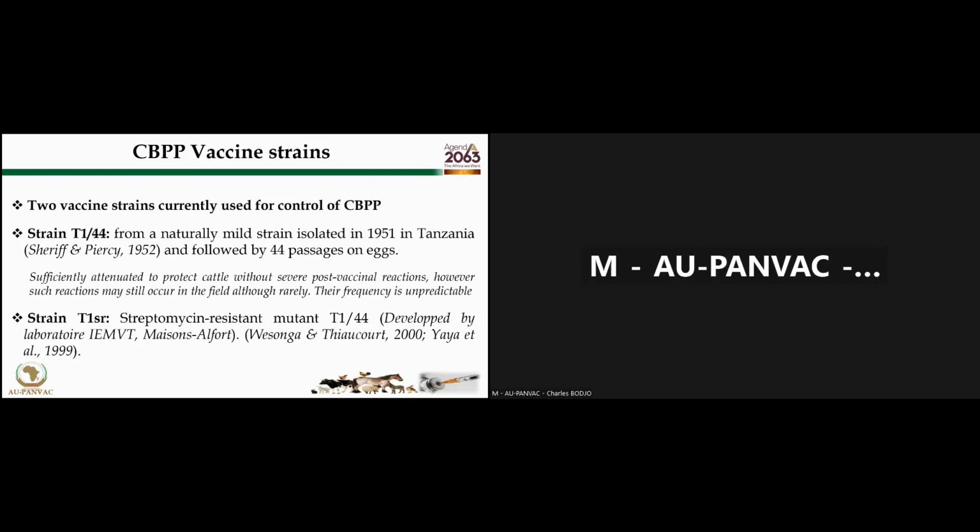The second strain is T1SL, which comes from T144 but is streptomycin resistant, and was developed at CIRAD-EMVT, which at that time was in Maisons-Alfort in the Paris area.